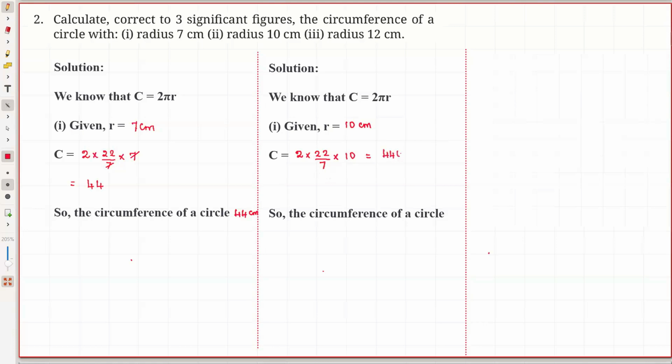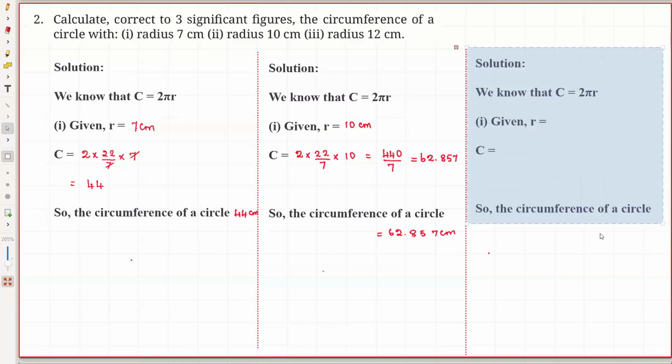Just divide by 7: 440 divided by 7, you will get 62.857. Therefore, the circumference of the circle is 62.857 centimeter. Now the third one is given.